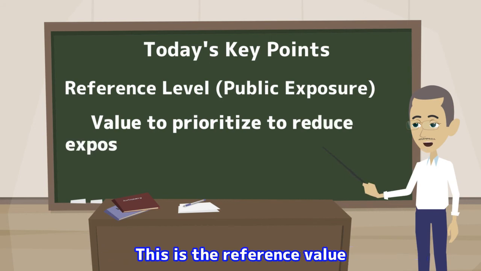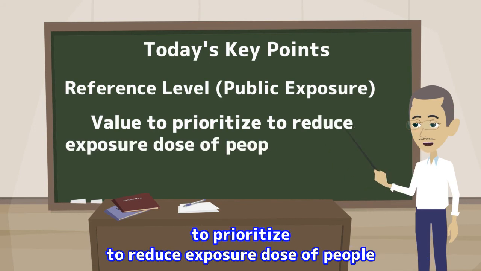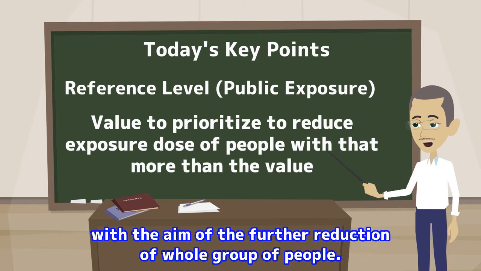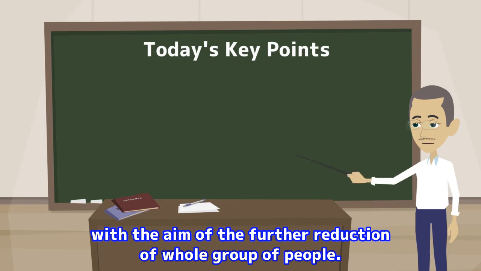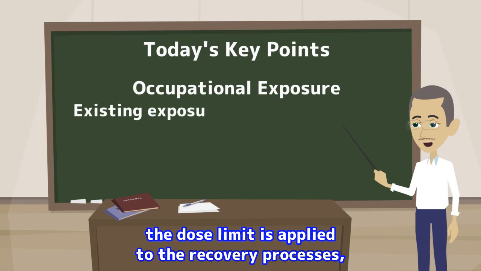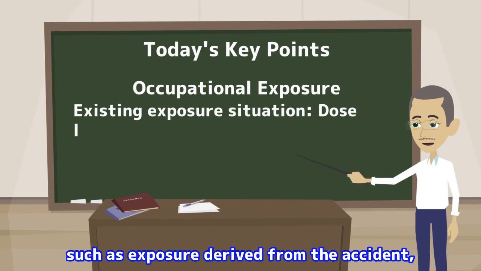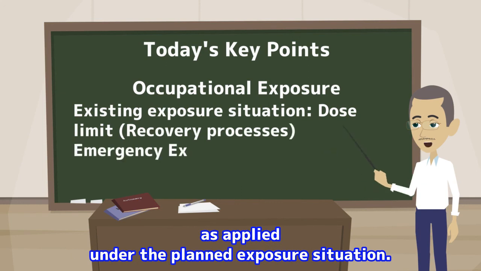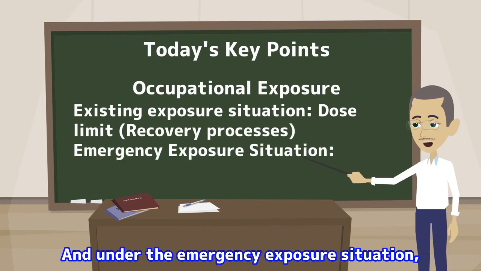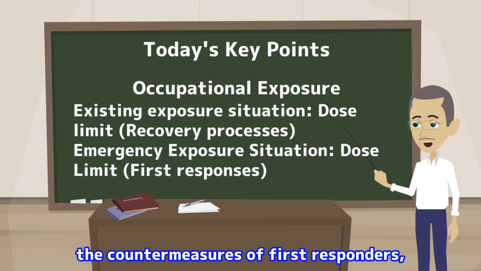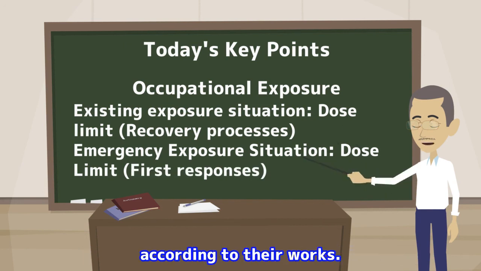This is the reference value to prioritize reducing the exposure dose of people above the value, as low as reasonably achievable, with the aim of further reduction for the whole group of people. With respect to occupational exposure, the dose limit is applied to the recovery processes, such as exposure derived from the accident, as applied under the planned exposure situation. And under the emergency exposure situation, the dose limit is also applied to the countermeasures of first responders, according to their work.